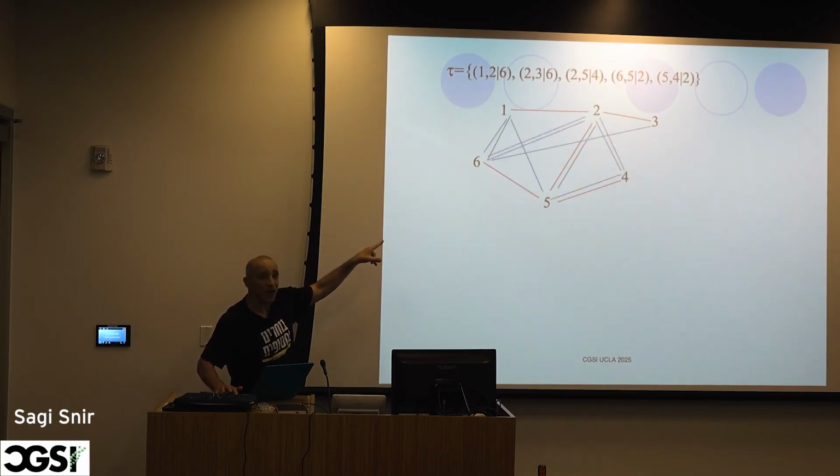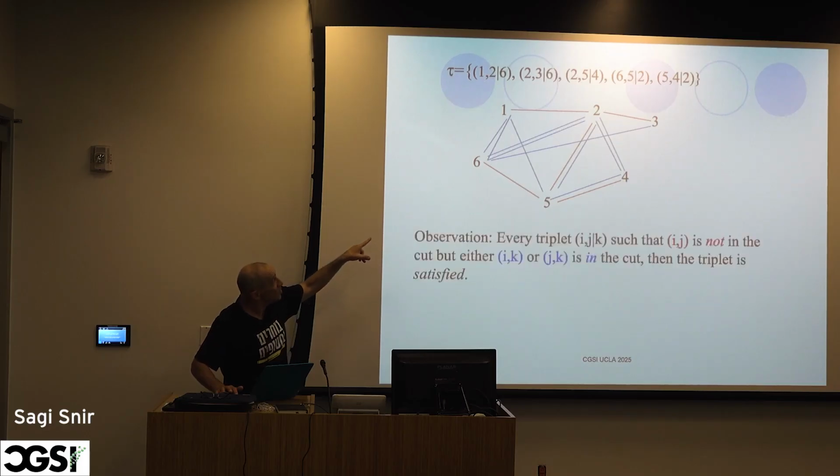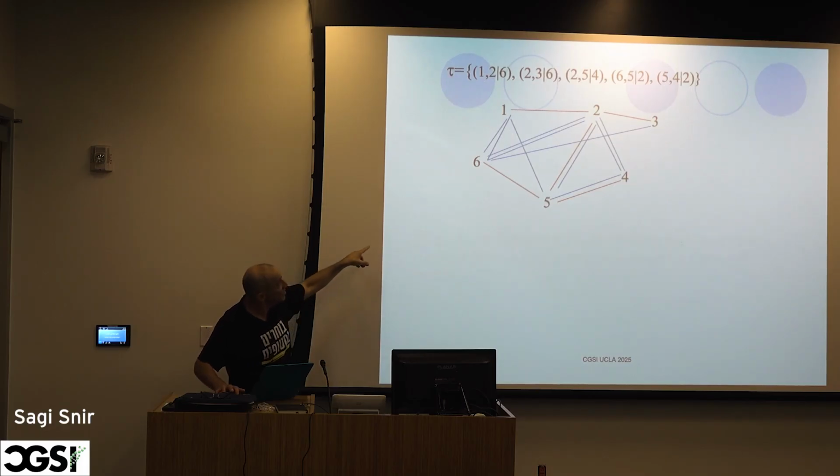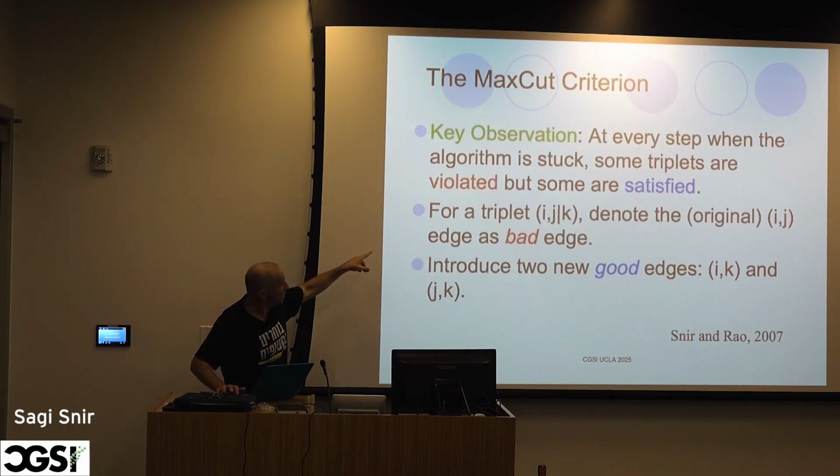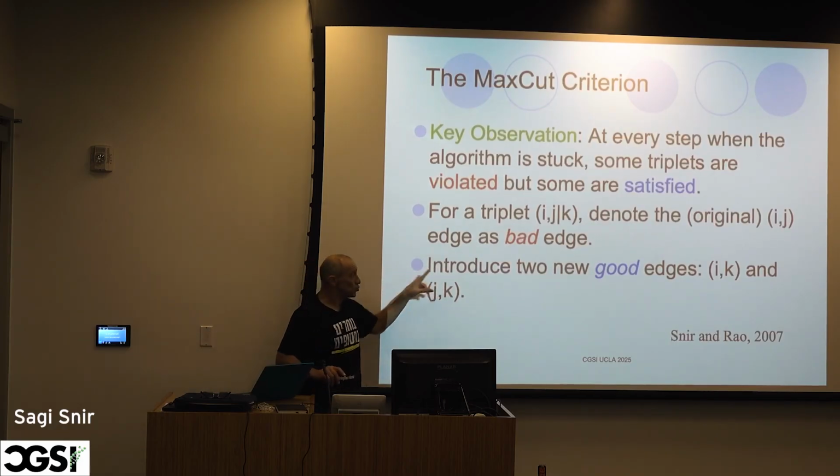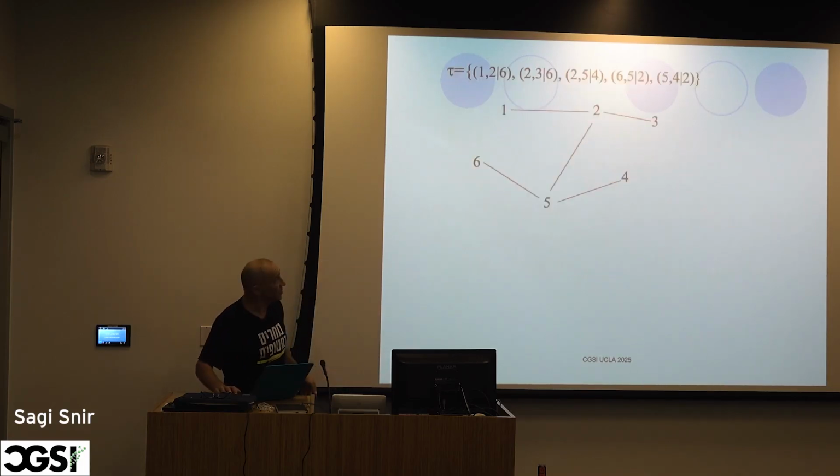Let's introduce now two new good edges, ik and jk. So these are the bad edges that I said, and these are, twice the number, good edges.